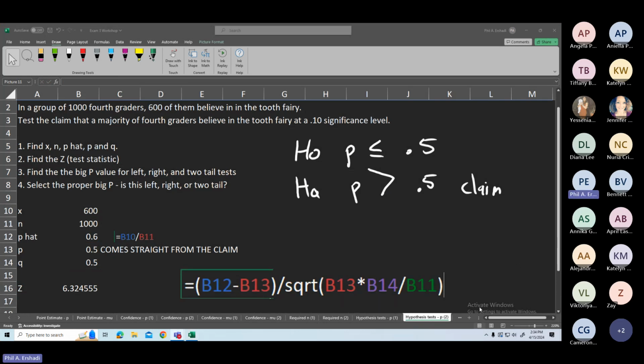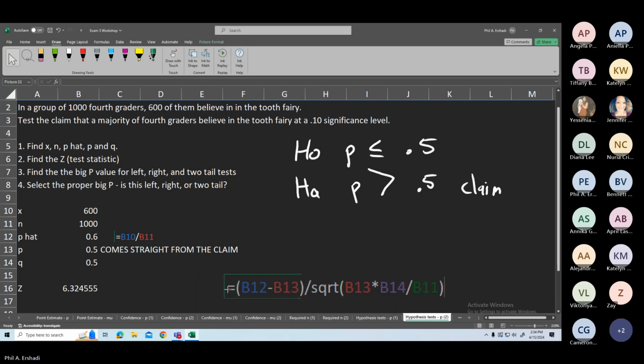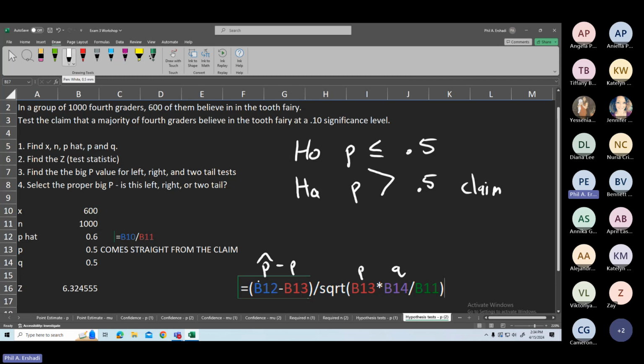And I'm going to label all this to make sure that we know where everything goes here. So we're going to say P hat minus P, and then here, make sure you put the P in the Q. P hat only goes in the first slot, but nowhere else.